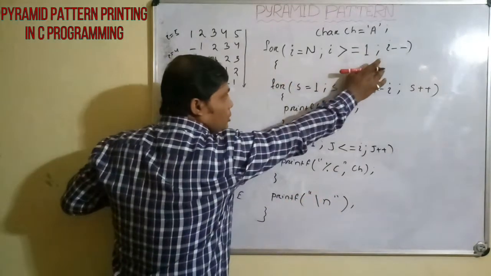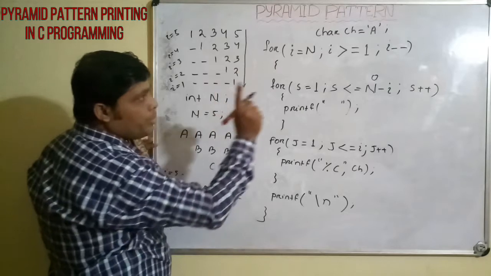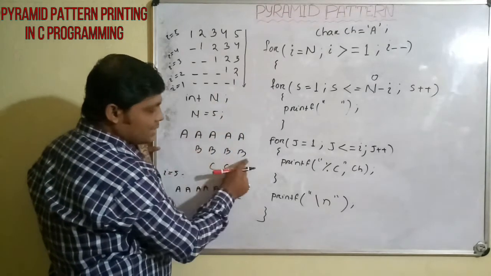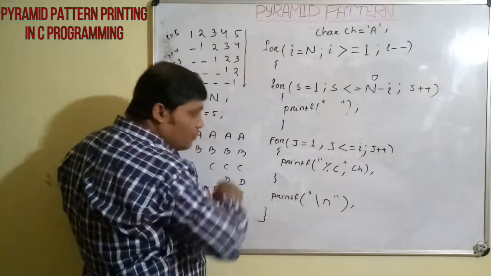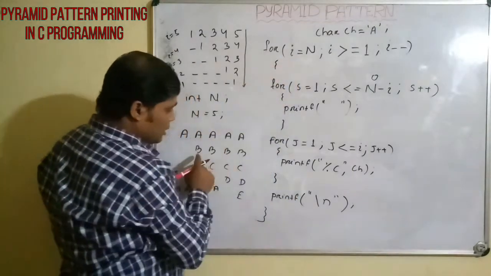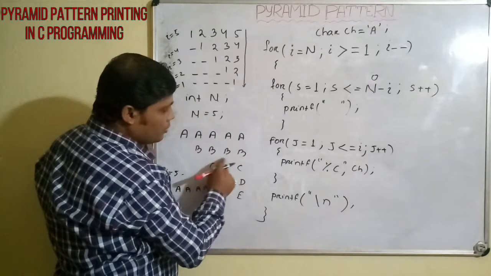When i value will be 4, this ch value should be modified to b, because in the next line it is printing b. So when it is going for the next i, you can see the ch value should be modified to b.